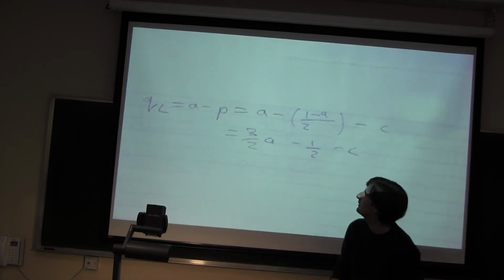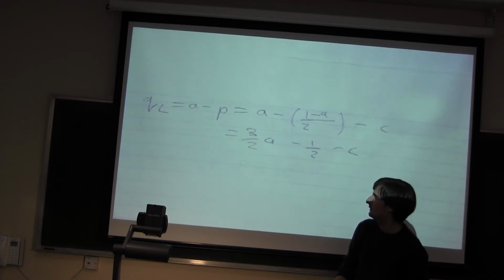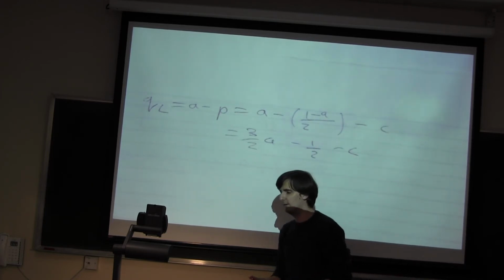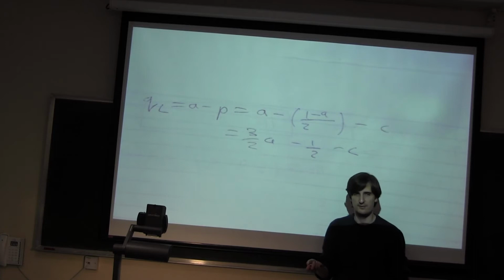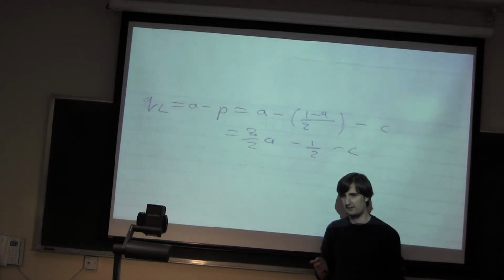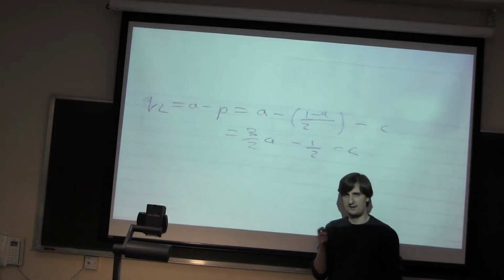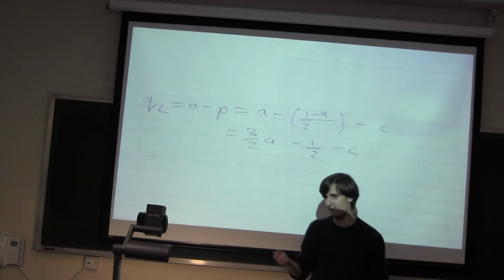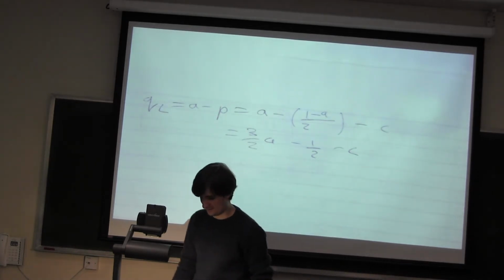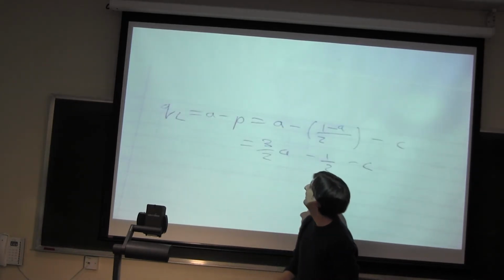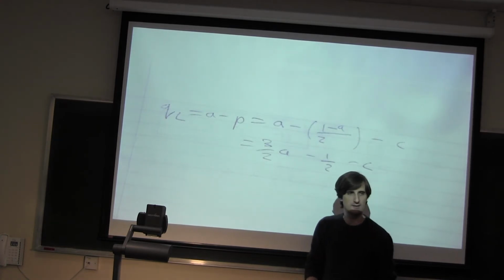It is immediate from first principles without doing any maths at all, because the high type is choosing how much to consume. So they would have chosen this bundle if it was better, but when you do the maths, you can see that yeah, we want to check anyway.